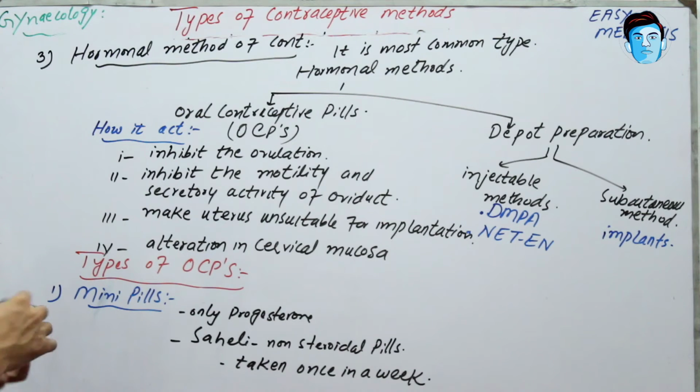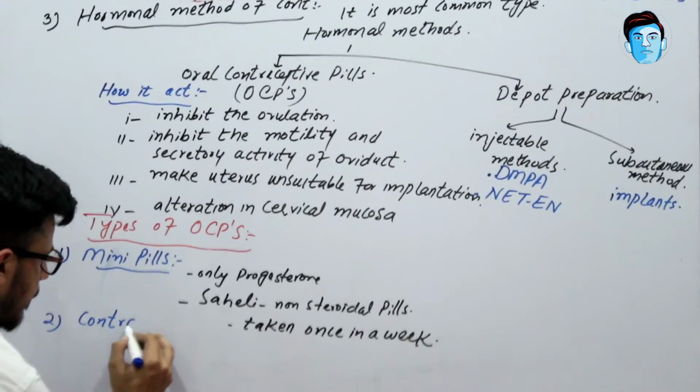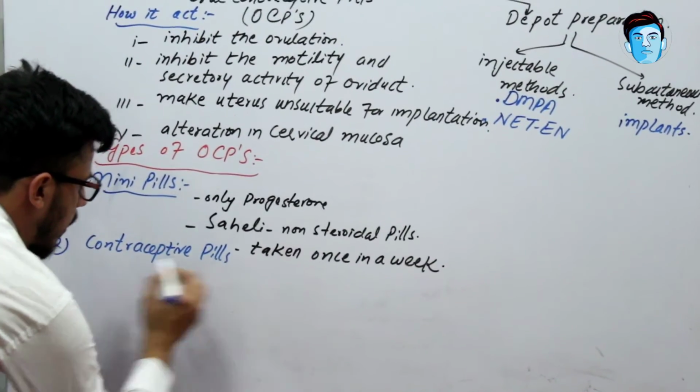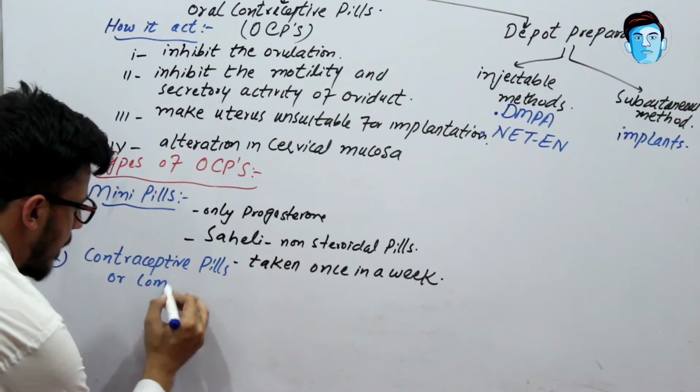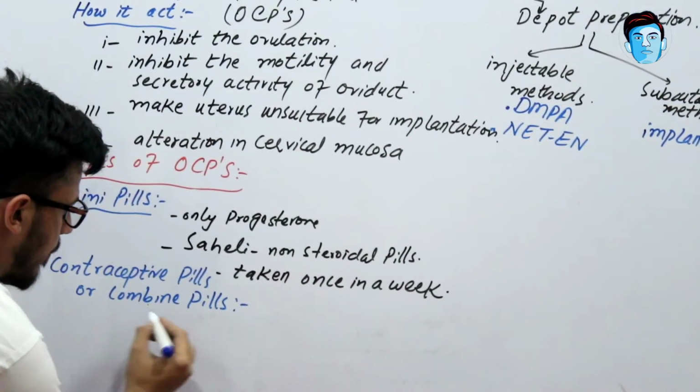The second type of oral contraceptive pills is called combined pills. Why are they called combined pills?